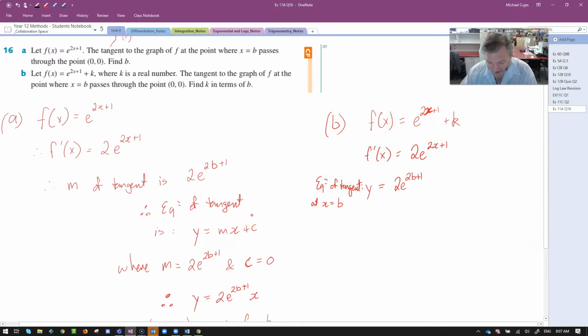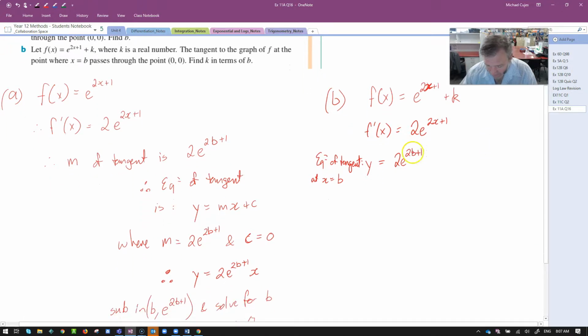Now we need to find k in terms of b. So what else do I know? Well, I know the other point on the line. Oh, I didn't have my x there. y equals mx. All right, so we know the other point on the line apart from the origin is b. And when I substitute b into the original equation, I'm going to get e to the 2b plus 1 plus k. That's the only difference this time. It's got this plus k on the end.